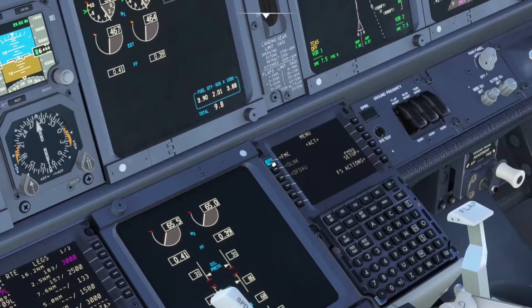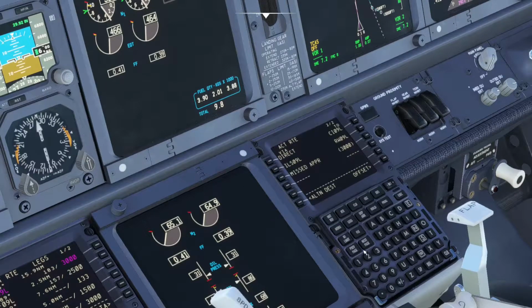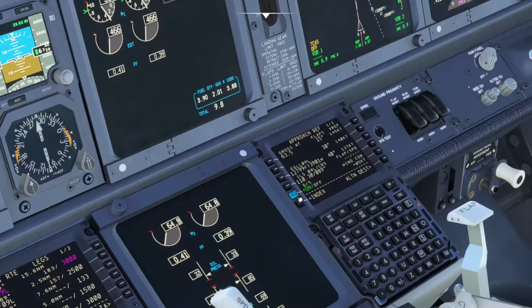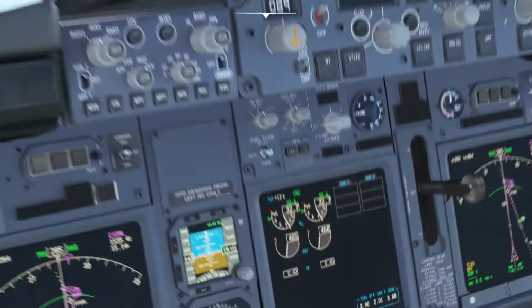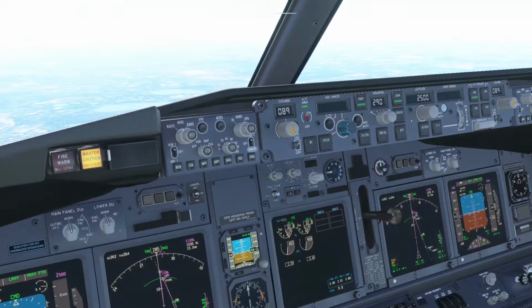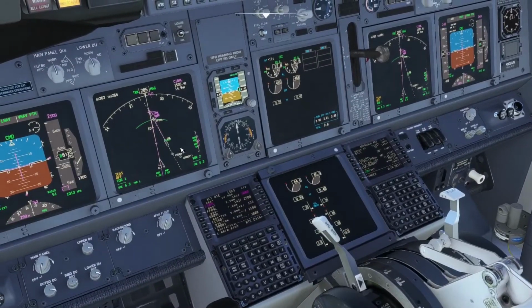Okay, so on this first officer FMC, let's go ahead and get the approach on. We're going to select the approach we're going to be using, which is flaps 40 and speed 137. So we're going to set speed 137 once we are about maybe 3 miles from the airport, maybe even 2.